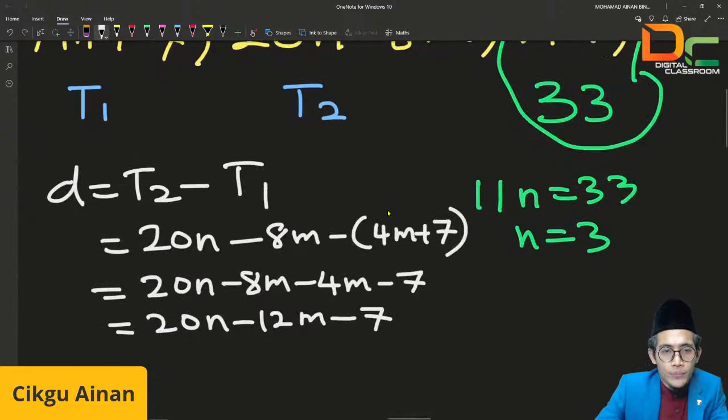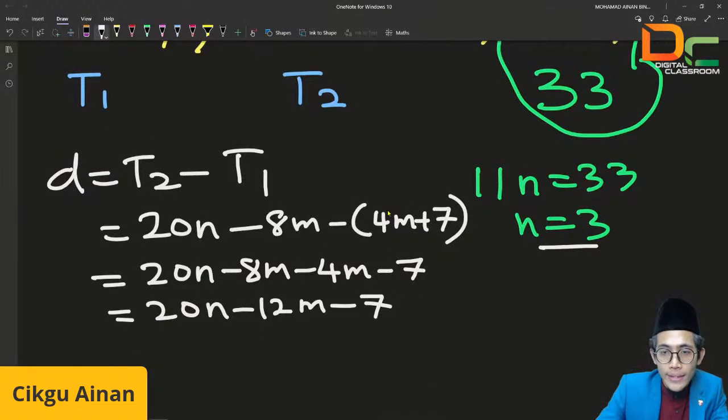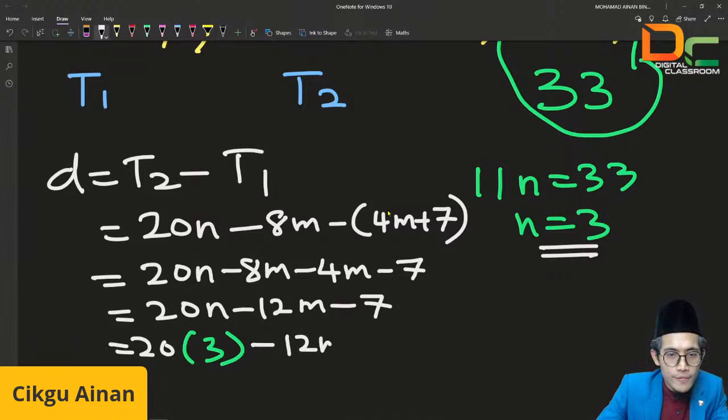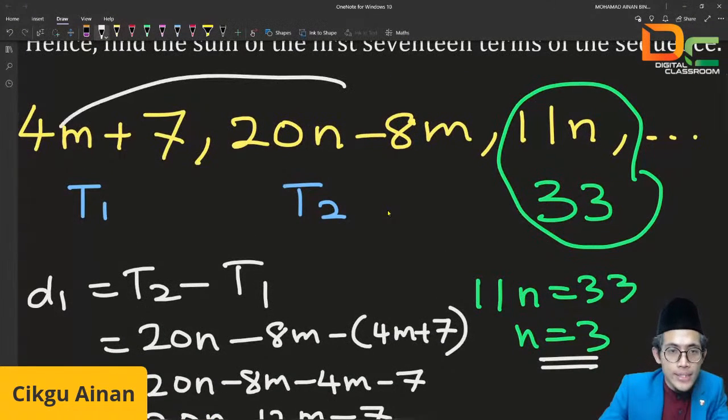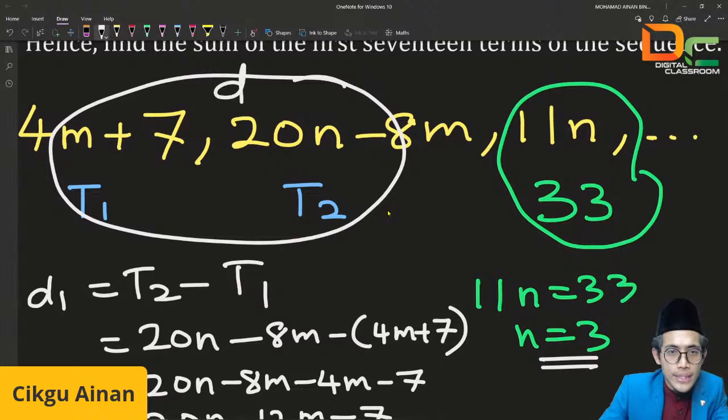Okay, now we get n is 3 over here, right? So gantilah, n is 3. So 20 minus 12m minus 7. But this is the first common difference, D1.